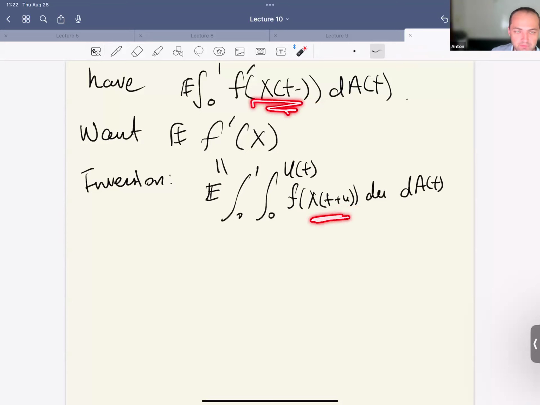relate this to this directly, let me just do what is the best thing to do. I'm going to ignore what is written here, and I'm going to pretend that it's what I want to be written here. So in other words, let me add f prime of x of t minus and subtract it.